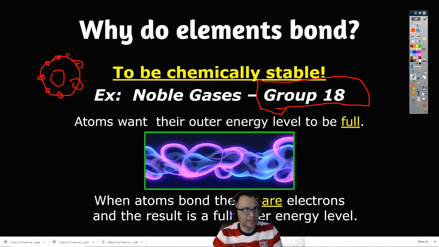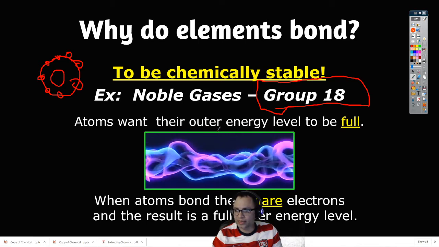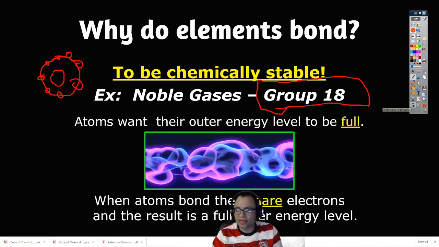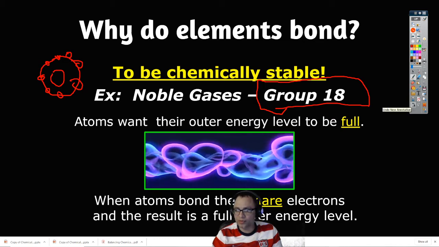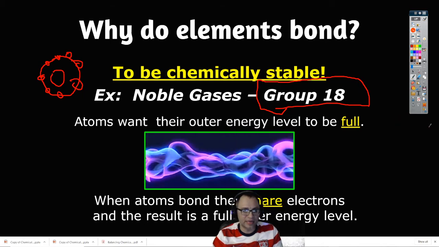In most cases, that means they have 8 electrons in the outer ring, which means they're already stable by nature. But not all elements are like that. And if they're not, then they will seek out chemical bonds with other elements that will allow them to fill out that outer shell.